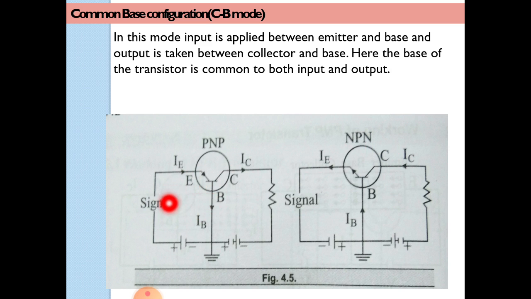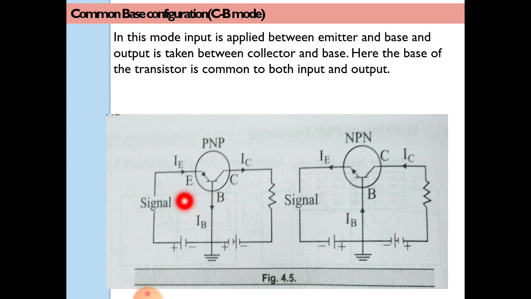As we know, it is a bipolar junction. This is the first junction, emitter base junction. This is the collector base junction. The first junction is the input junction, hence the input voltage is applied, and the second is the output junction where output voltage is applied.